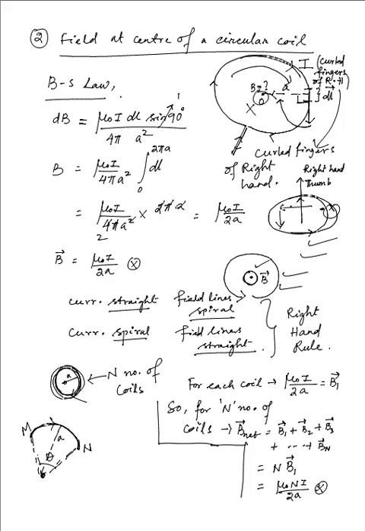Now for this, we have the magnetic field intensity, and we'll consider the magnitude for now. The direction, as you can obtain very easily, will be into the plane for sure, because this is a part of a clockwise coil.